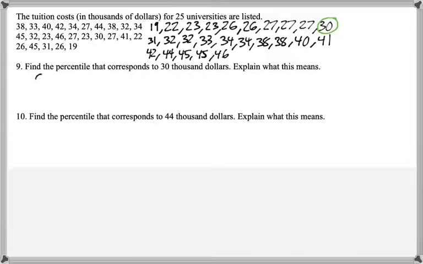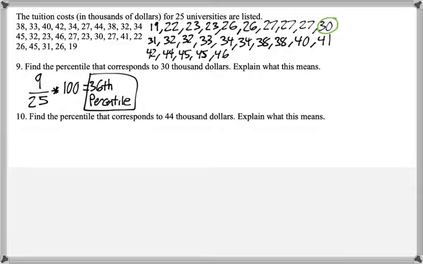So this is 9, and we have 25 total data entries. So 9 over 25 times 100 is equal to 36.